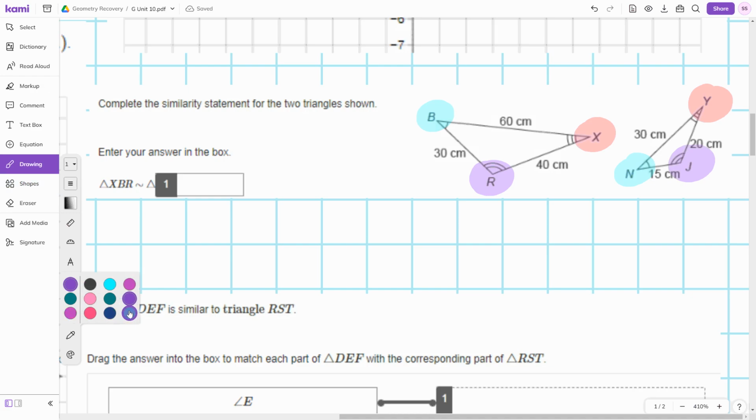So you have to put X and Y together. So it has to go triangle Y, and then B is next, so N, and then J.